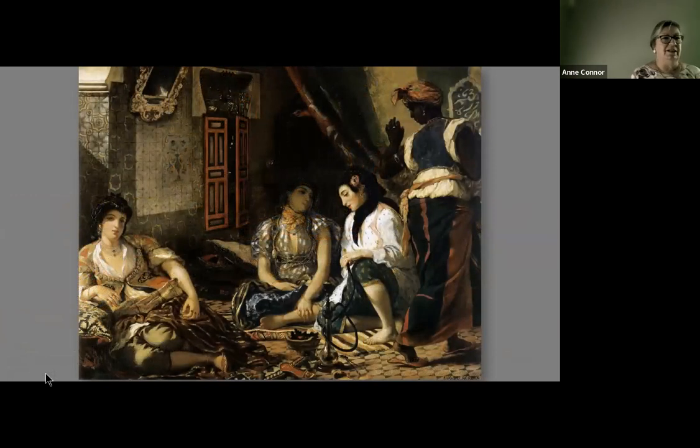So here's the painting, and it's absolutely wonderful the way that he's already by now discovered the light that he saw in North Africa, very similar to ours. That's very strong light that penetrates everything. And then the beauty of these women who are sitting and discussing.